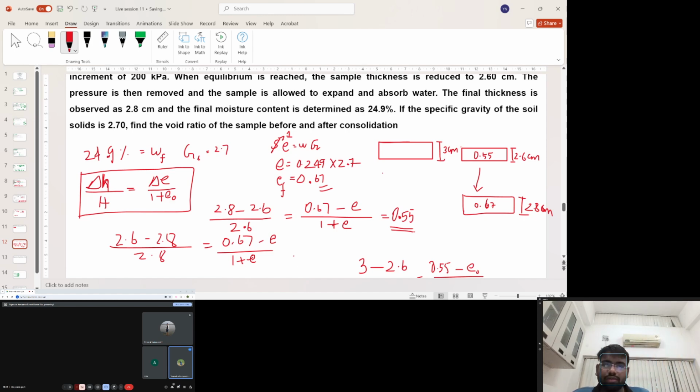But will we get proper values in this case?